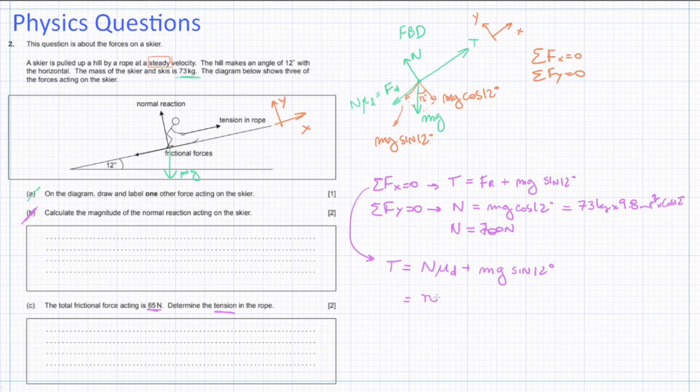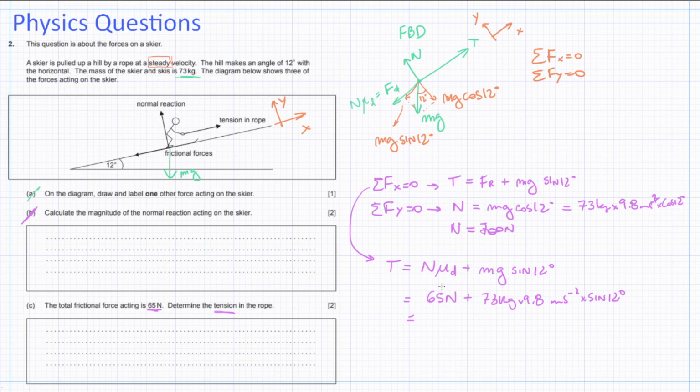So we know that our normal force is 700 newtons, and our dynamic friction, we know that the friction force is 65, so we don't need all of this. So this is just 65 newtons plus m, which is the mass, 73 kilograms, g, which is our acceleration of gravity, 9.8 meters per second squared, multiplied by sine of 12.